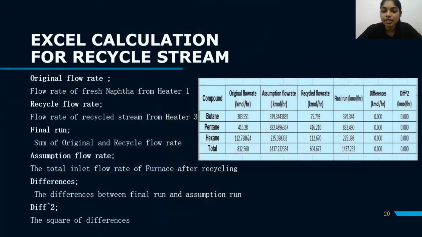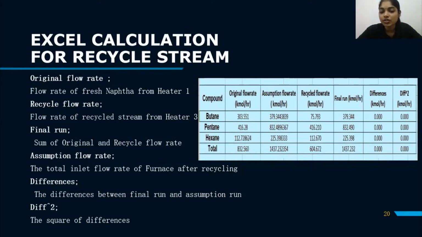Here, the table shows the Excel calculation for a recycled stream. Original flow rate refers to the flow rate of fresh naphtha from heater 1. Recycled flow rate refers to the flow rate of the recycled stream from heater 3. Final run is the sum of the original and recycled flow rate. Assumption run is the total inlet flow rate of the furnace after recycling. Difference and difference square are basically the difference between the final run and the assumption run.